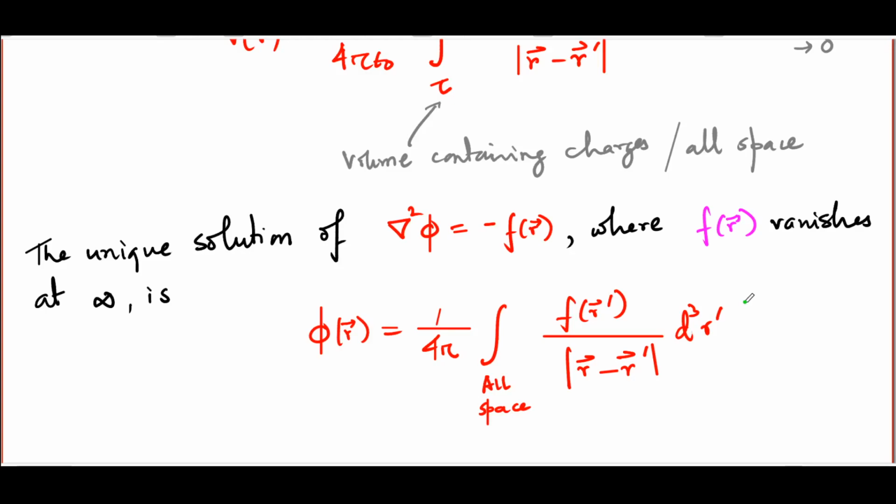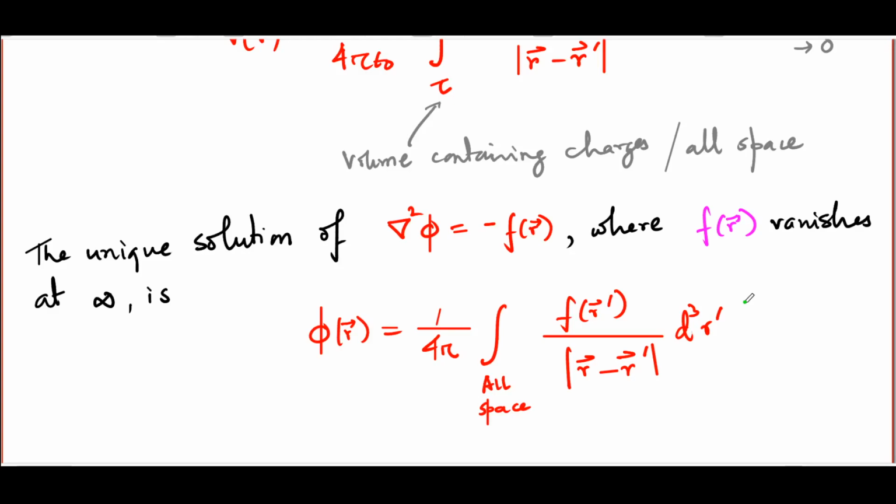And since d cube r prime's volume element infinitely far away will be like the volume of a spherical shell between r prime and r prime plus dr prime, namely 4 pi r prime square dr prime, you will have an r prime square in the numerator as well as the denominator. As a result, shells which are infinitely far away will all contribute equal or roughly equal amounts, and they will add up to an infinite contribution.